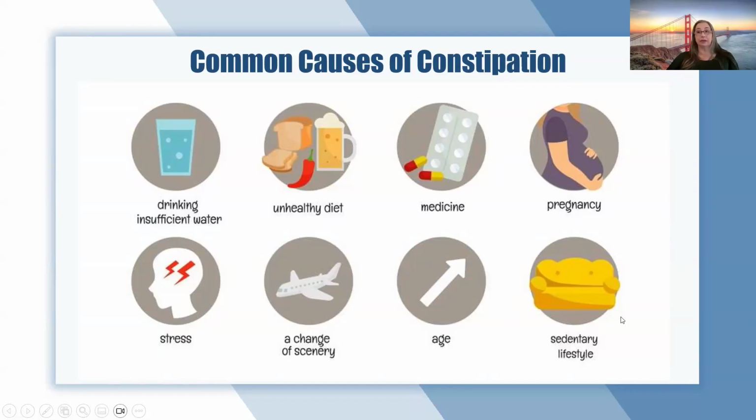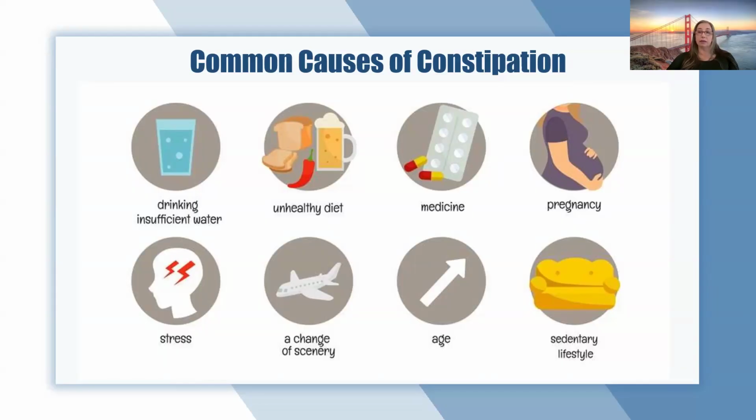And then a sedentary lifestyle. It's very important to get active and be up and moving and do exercise. Just taking a walk after a big meal can really help with your digestive tract and getting things moving. And when you think about this, consider some of our clients who have issues with immobility, like maybe they are unable to walk.